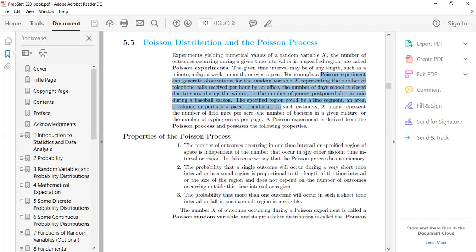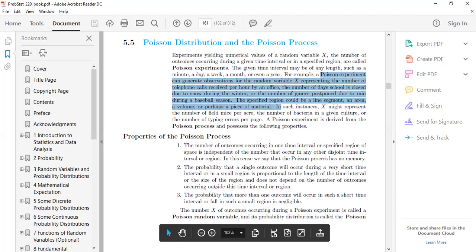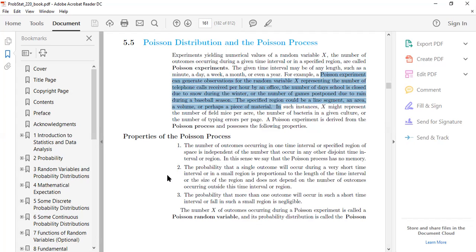So please keep this in mind. The probability that a single outcome will occur during a very short time interval or in a small region is proportional to the length of the time interval or the size of the region, and does not depend on the number of outcomes occurring outside this time interval or region. Suppose you are measuring the cardiogram for a person for 5 minutes, and then you stop.